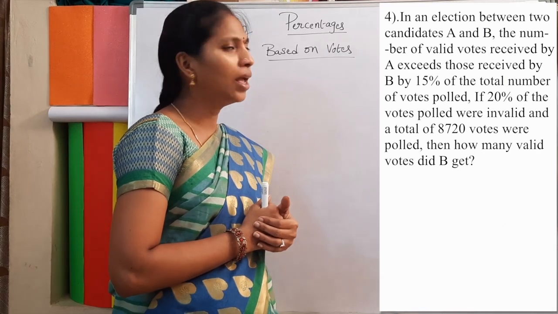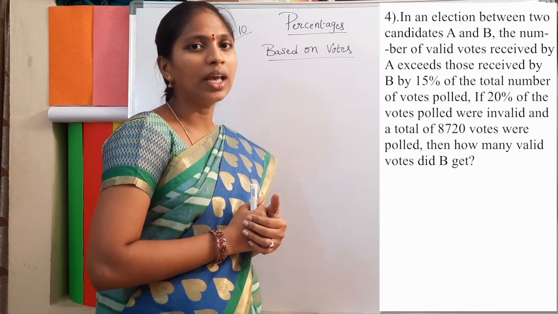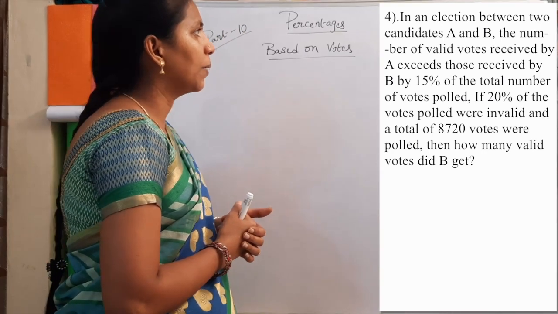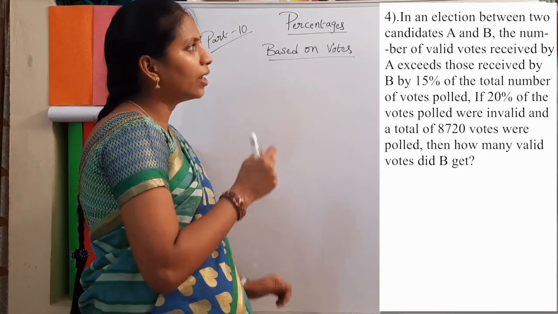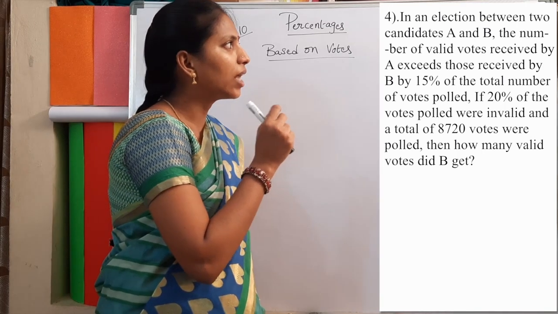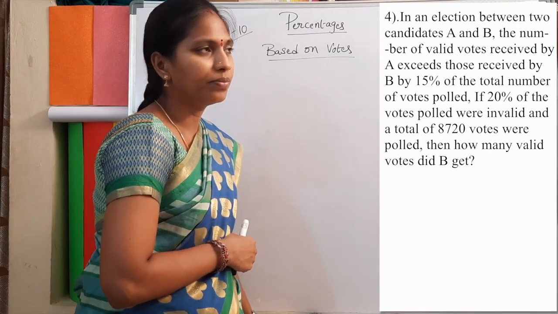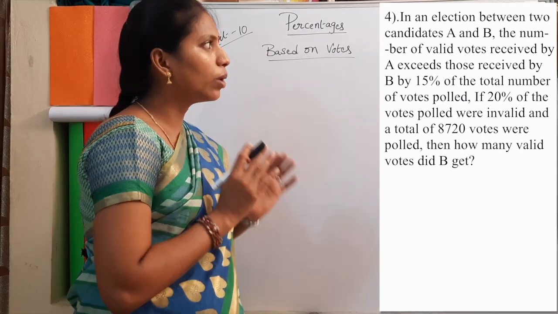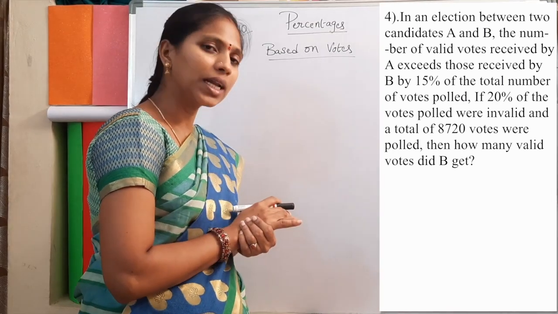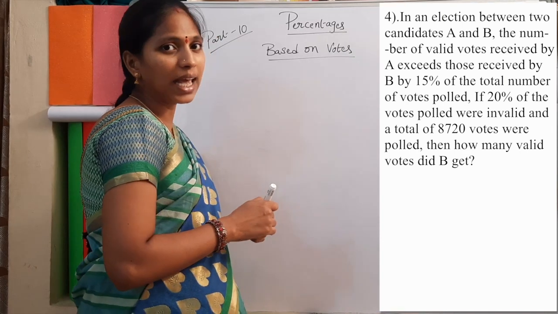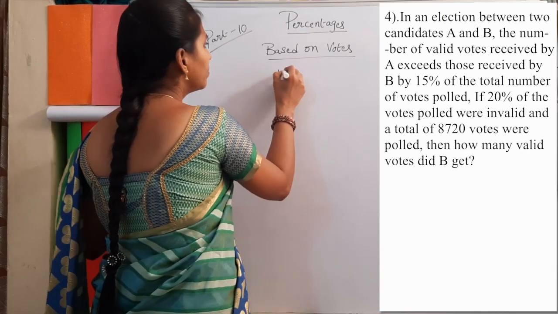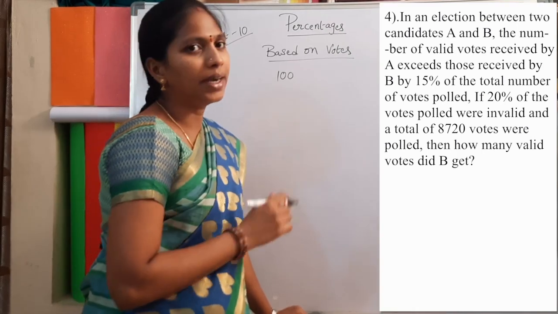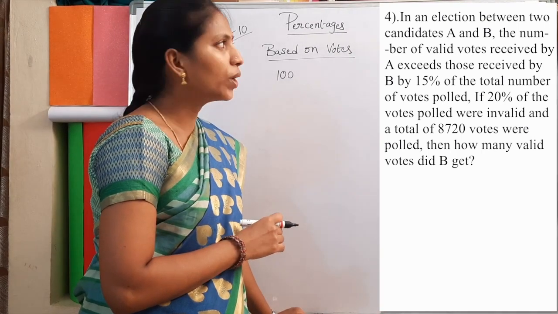That is the question. Please read the question carefully, then understand the question, and try to solve. Now see. In the question, the total number of votes is 8720. I don't want to take that number. Initially, I want to take the total number of votes as 100 only, for easy calculation. In an election between two candidates, how many candidates? Two candidates.